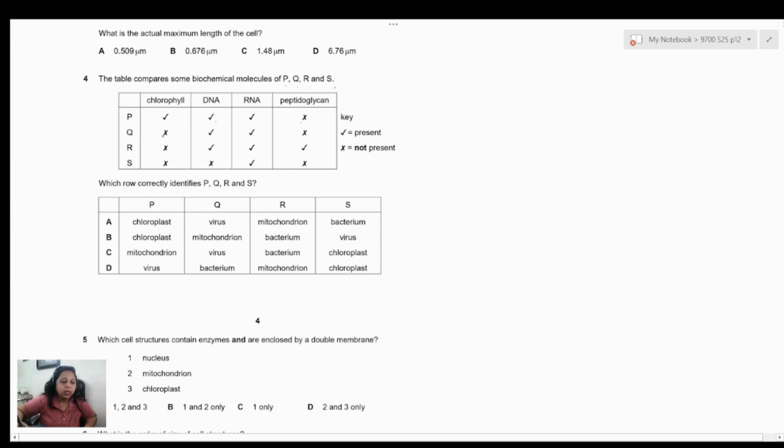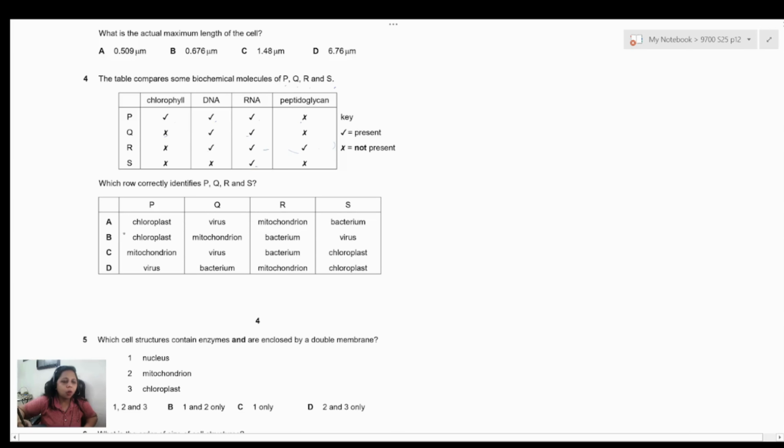Number two, chlorophyll is not present, DNA or RNA is present, and peptidoglycan is not present. So it cannot be bacteria, and it cannot be anything that can photosynthesize. R doesn't have chlorophyll, but it has these three. It can be bacteria because peptidoglycan is present in bacteria. And the last one has only RNA. So let's see what it can be.